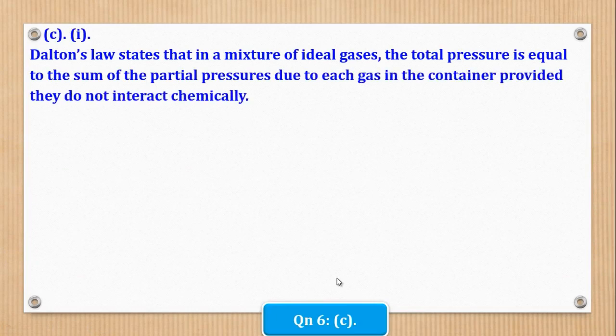So Roman 1, Dalton's law states that in a mixture of ideal gases, the total pressure is equal to the sum of the partial pressures due to each gas in the container, provided they don't interact chemically. Know that condition, they don't interact chemically.